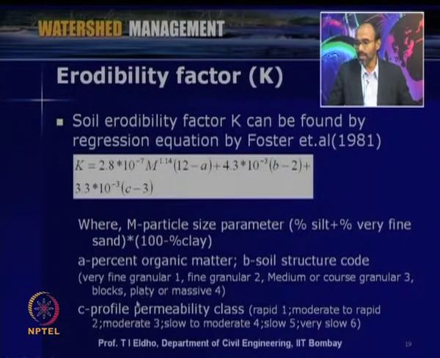And c is the profile permeability class: rapid 1, moderate to rapid 2, moderate 3, slow to moderate 4, slow 5, and very slow 6. Like that we can calculate the erodibility factor K.